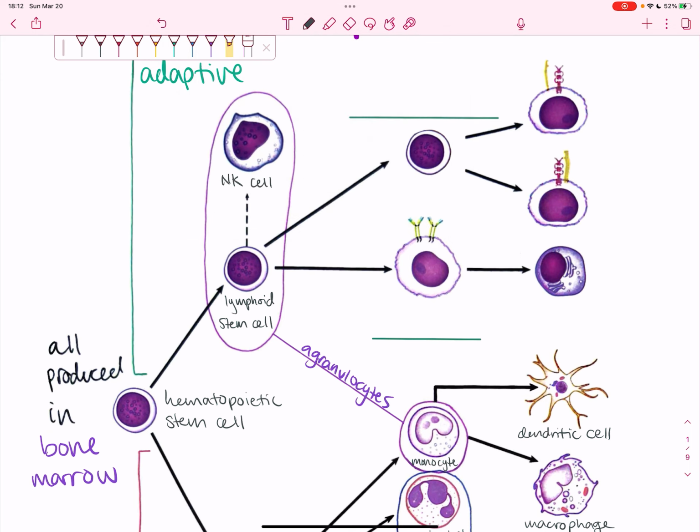Continuing with our diagram here, a lymphoid stem cell can differentiate into a T-cell. T-cells can then become helper T-cells, and cytotoxic T-cells.